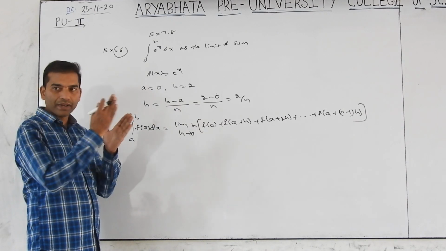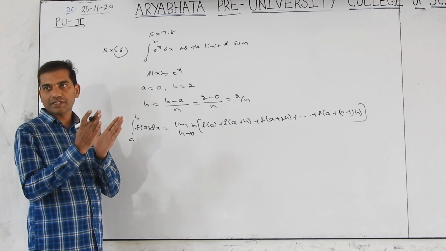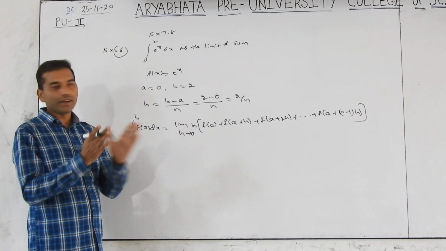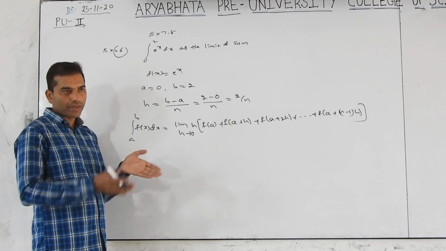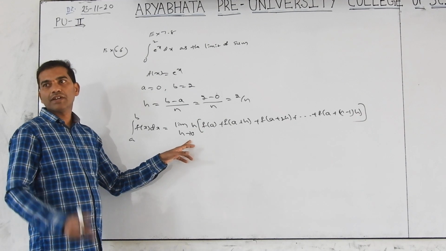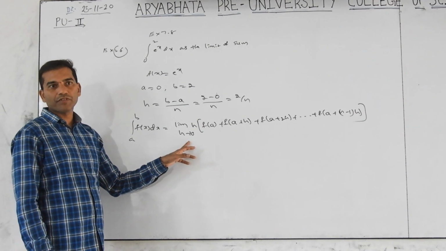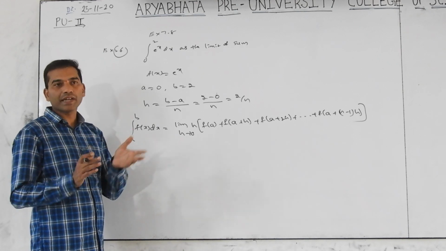We have done the diagram method. By using the diagram, we have made partition rectangles. All that area added gives the whole area. If you make many partitions, h tends to 0 means n tends to infinity. Number of partitions infinite, the breadth becomes 0, and you will get the exact area.